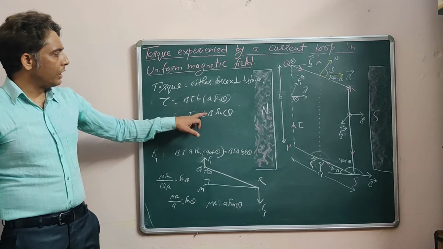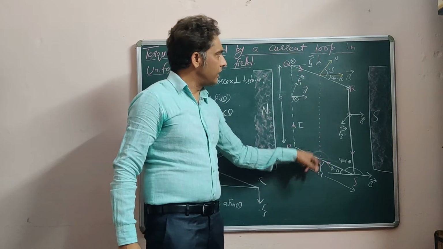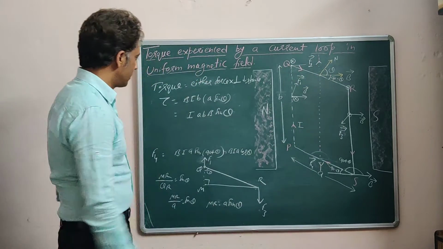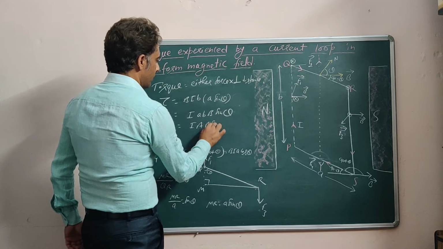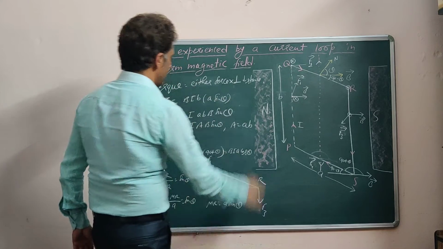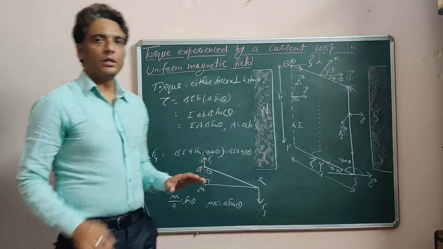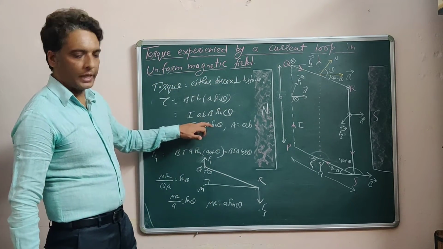Now this A into B, meaning length into breadth, is equal to the area of this rectangular coil. So we can write it as I A B sin theta, where capital A is equal to AB. So this is the torque experienced by a current carrying coil when it is suspended in a uniform magnetic field.